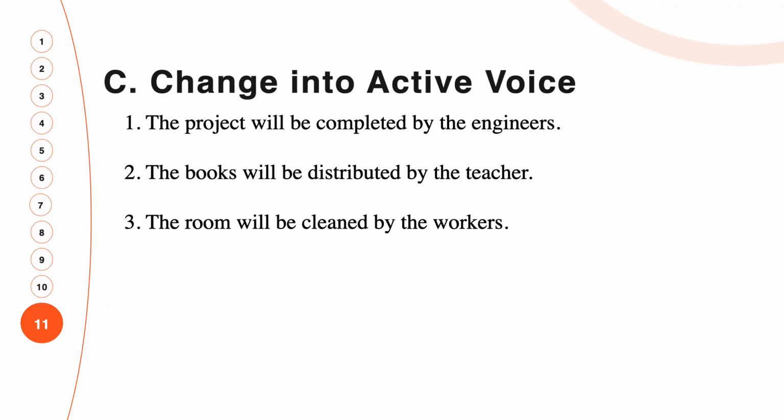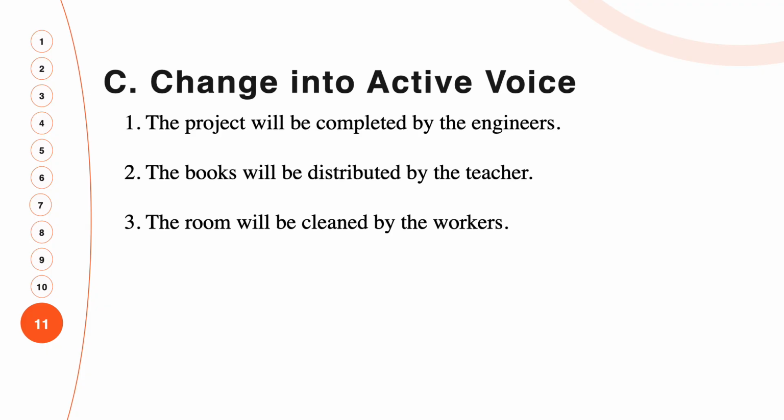Change into active voice. Now the first one is, the project will be completed by the engineers. You have to turn it into active voice from passive voice. To do that, you have to take this doer and move it into the first part of the sentence, which will turn it into, the engineers will complete the project.